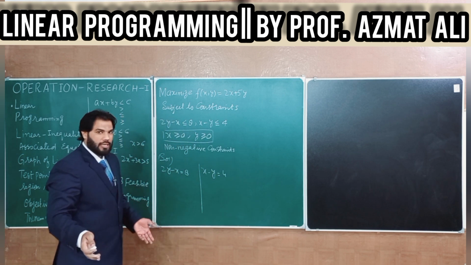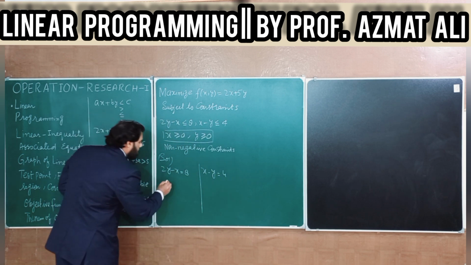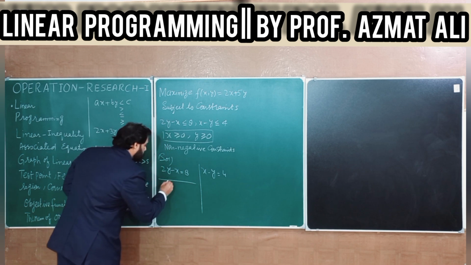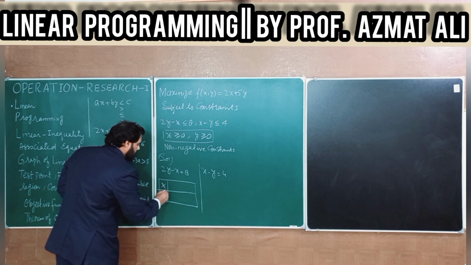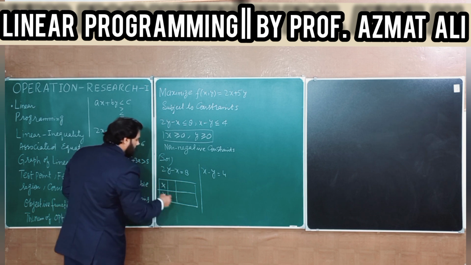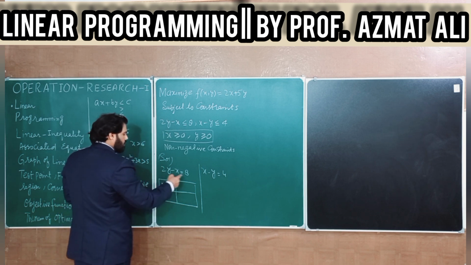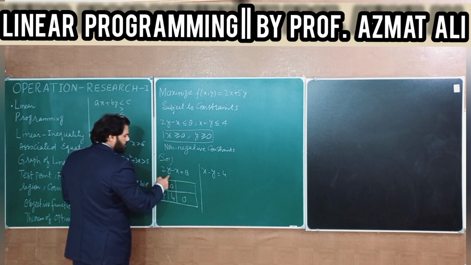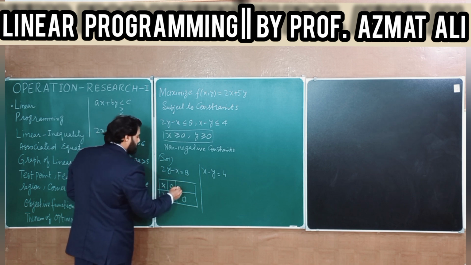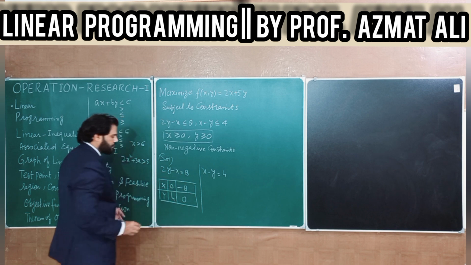Next we will find the x-intercept and y-intercept by making this table. This is x, this is y. When x is 0, y is 4, and when y is 0, x is -8.